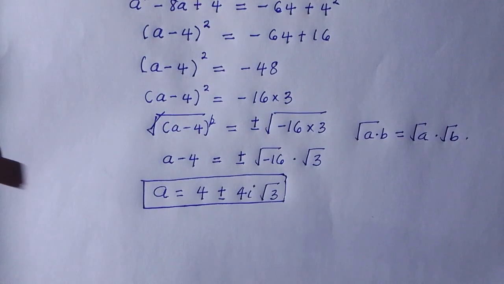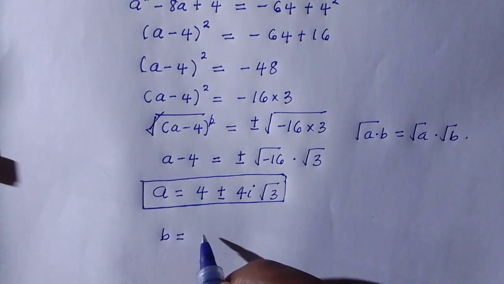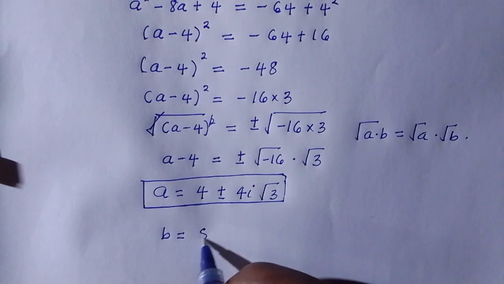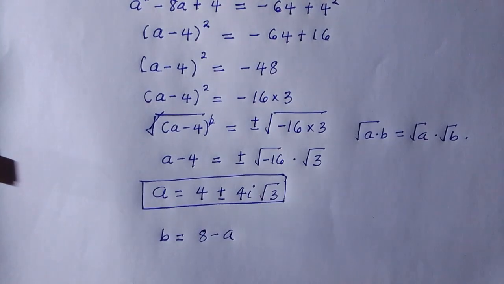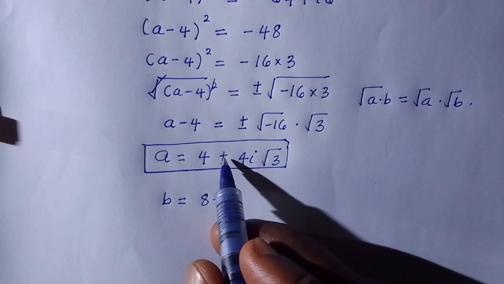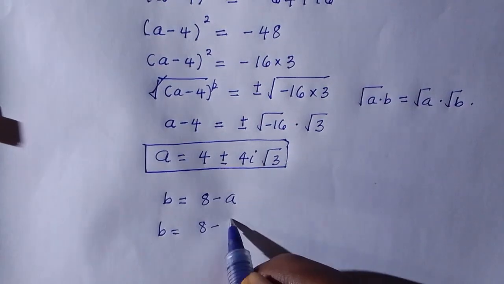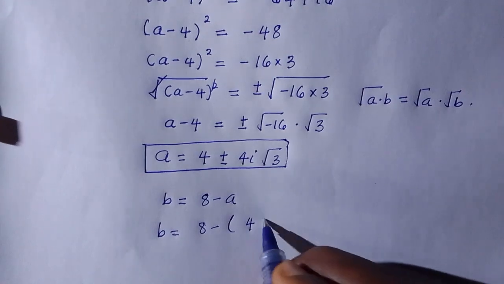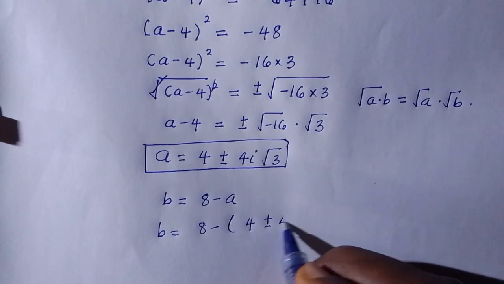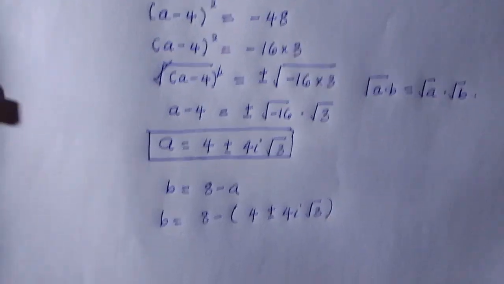Also, to get the other root, which is the value of b, we recall from equation 3, which is b equals 8 minus a. Then we substitute the value of a here, and it comes with this plus or minus. So we have b equals 8 minus, open bracket, 4 plus or minus 4i root 3.